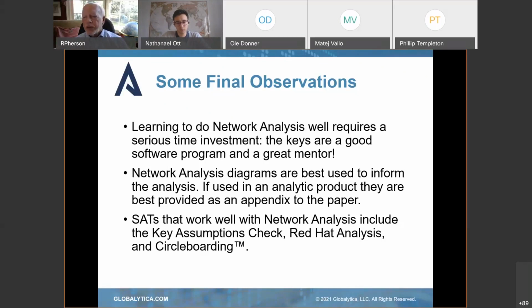You can also, if you're doing a network analysis, do the cheaper version, which we call circle boarding, which is what are the answers to the questions. So you say, well, if I'm looking at this network, I'm looking at this phenomenon, who am I looking for? That's the obvious question. But what are they doing? Which could maybe give you some other ideas for who they may be in contact with. When are they having these meetings, and have these things shifted over time?